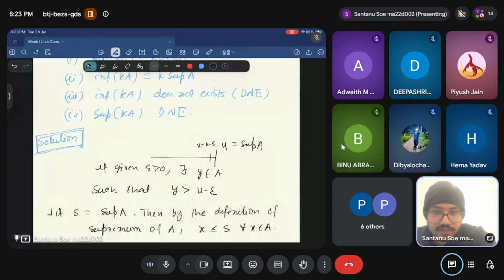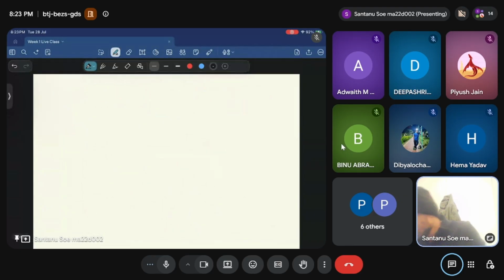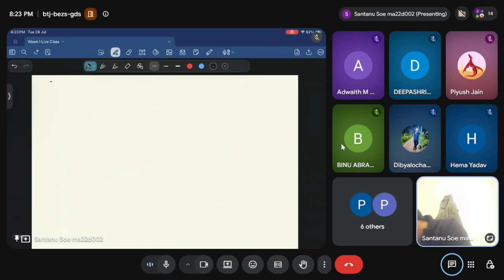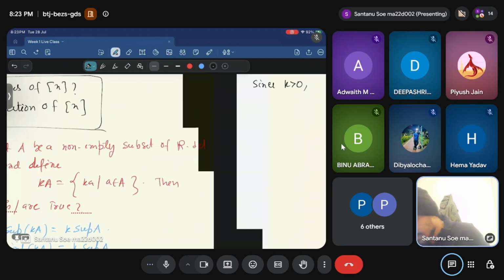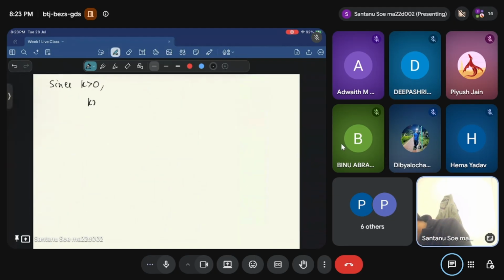This is just the definition of supremum of A, right? Now, since k is positive, you are using this fact here. This is just halfway through the proof, another half is still there. So since k is greater than 0, kx will be less than or equal to kS for all x in A.